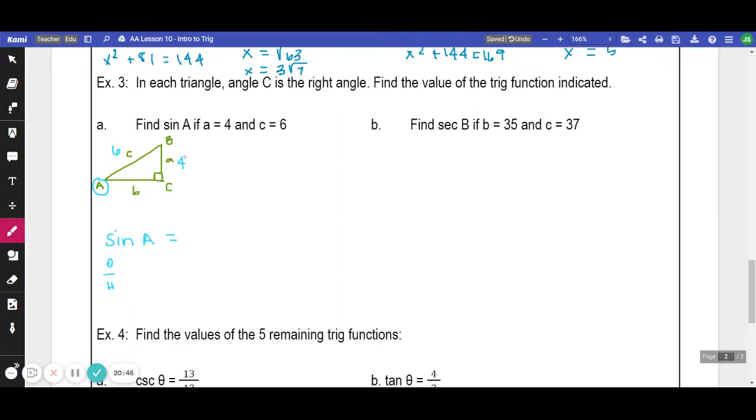Well, for once, we already have the opposite side. Opposite is 4, hypotenuse is C. We already have the two sides we need, so we have no reason to use Pythagorean theorem to find the missing one. Opposite is 4, hypotenuse is 6. We could reduce it and get 2/3.